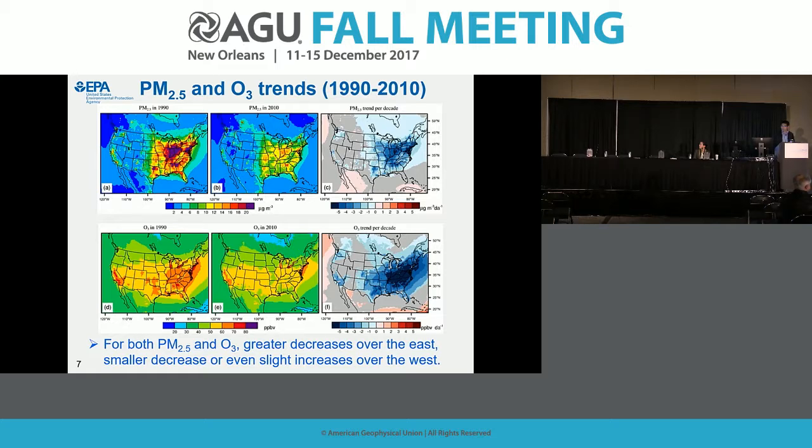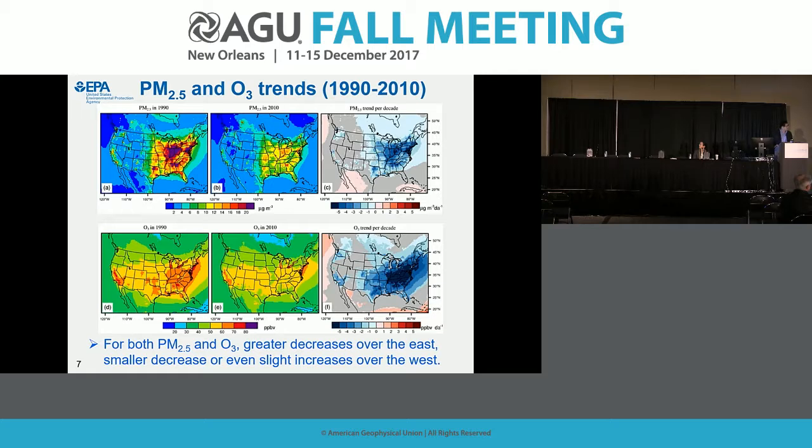Model results. This plot shows the air quality in 1990 on the left, in 2010 in the middle, and the trend for the past two decades from 1990 to 2010 on the right, for PM on the top and for ozone on the bottom.